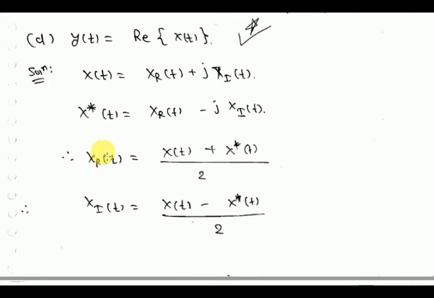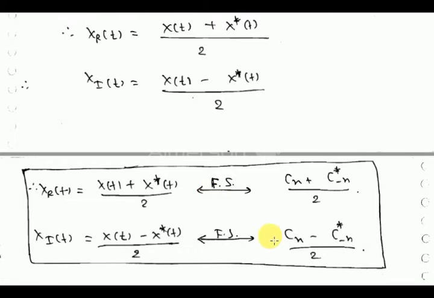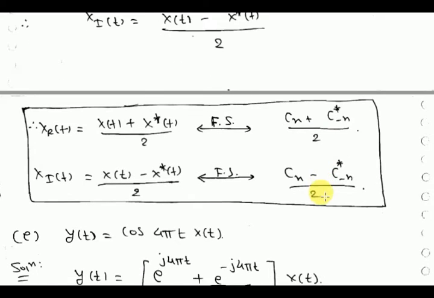So you have to find the Fourier series coefficients of this, and using the linearity property you can find them. The Fourier series coefficient of x of t is Cn, and for x conjugate of t it is c minus n conjugate. Remember, the Fourier series coefficient of x conjugate of t is c minus n conjugate.